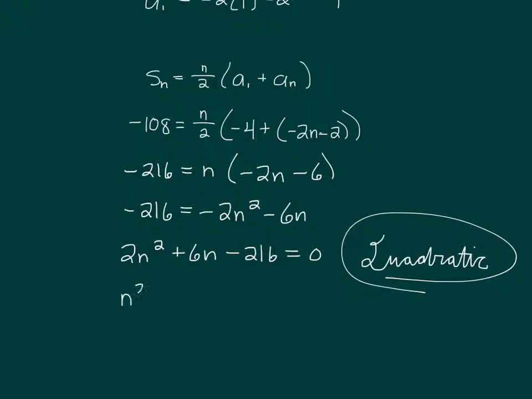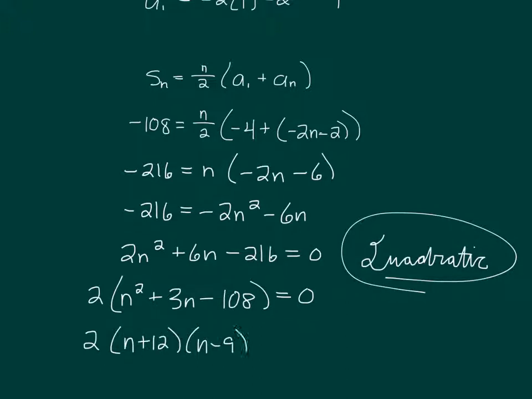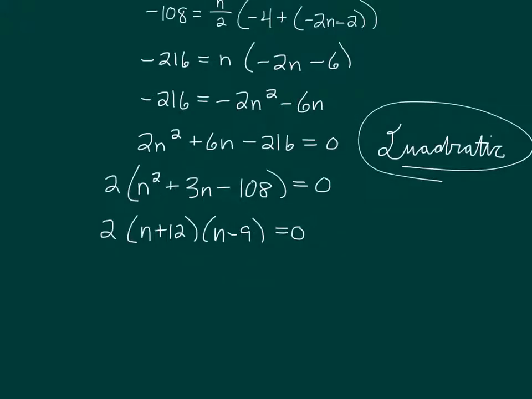Factor out a 2. I get n squared plus 3n minus 108. That, I would assume, factors nicely. n plus 12, n minus 9. So n is going to be -12, or n is going to be 9. We're talking about the number of terms in a series, so the positive result is the only one that makes sense to us.